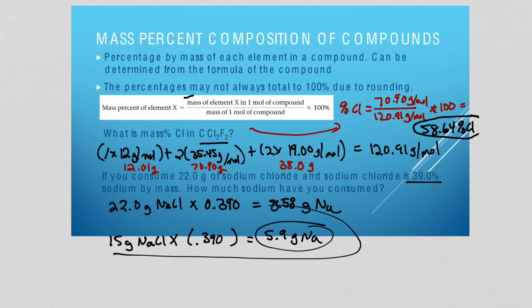Now, in this particular problem, I only figured out the mass percent of one of the elements in a compound, but of course, you could then go through and use the 12 grams here and the 38 grams here and get the percentage of carbon and the percentage of fluorine. And of course, all those percentages of a given compound should always add up to 100% or very close to 100%. They may differ a little bit based on rounding.